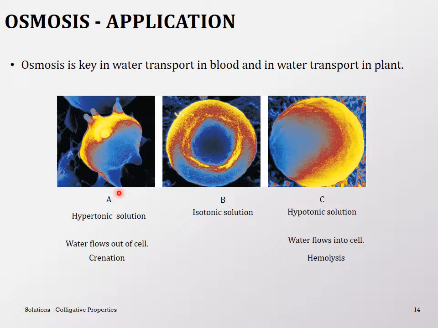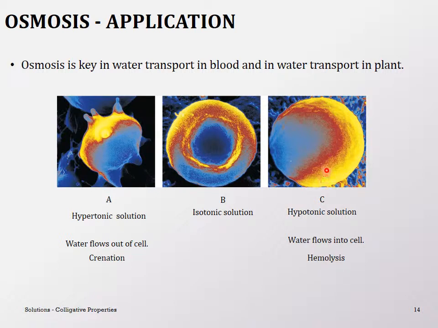That's a hypertonic solution. Hypertonic solution means that if the water is flowing out of the cell, then you have a concentrated solution outside. When the water is coming inside, it means that you have more water outside. The water is coming into the cell, and once it flows into the cell, it's called hemolysis.